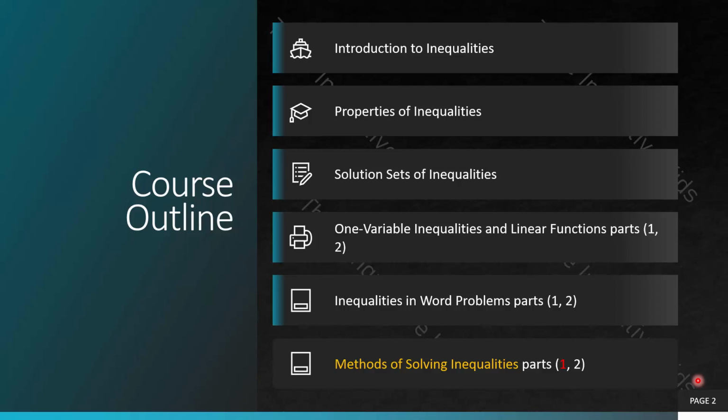Now, in this lesson, we're going to be diving more into just inequalities, with, of course, our usual nod to connections to linear equations and functions. Part 2 will be coming up, and that will be the last video of this series.